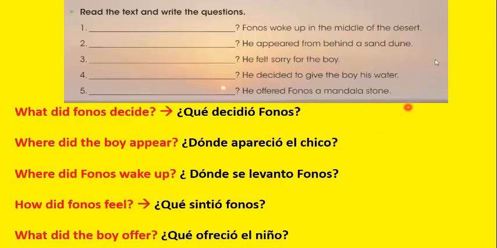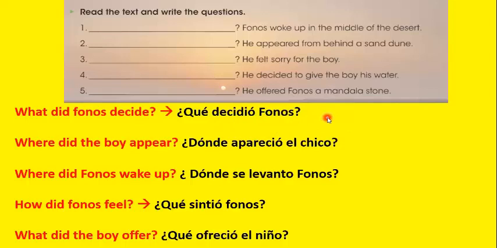right? For example, in the first, so that we have Phonos woke up in the middle of the desert. Ahí dice, Phonos se levantó en el medio del desierto. ¿Qué pregunta pudo ser para decir esa respuesta? What is this?